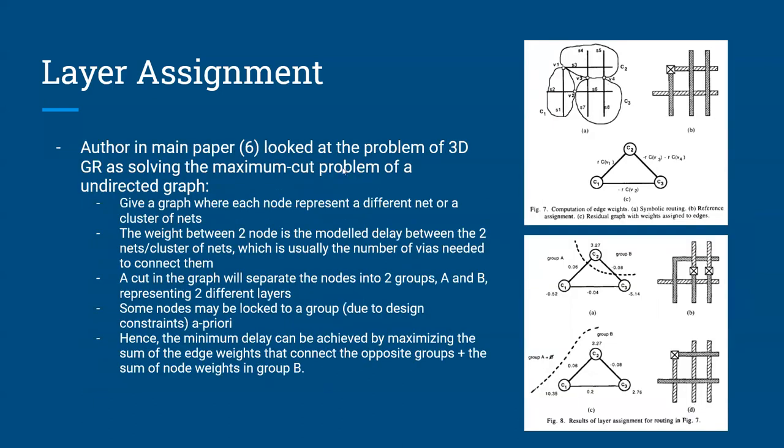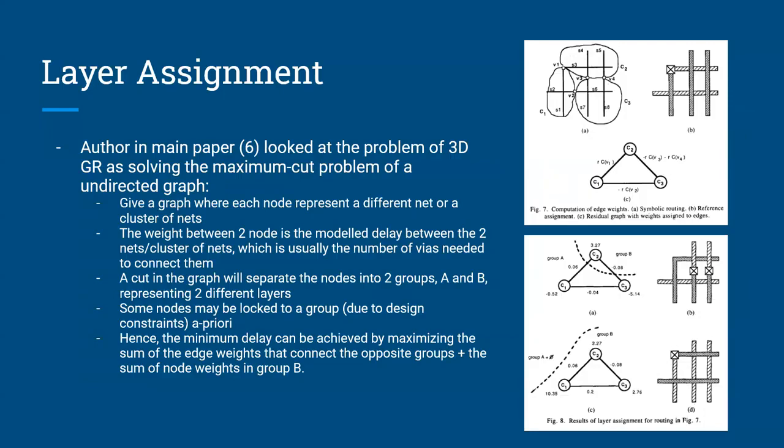So the authors in main paper 6 look at the problem of 3D global routing as solving a maximum cut problem of an undirected graph. Imagine a graph where each node represents a different net or a cluster of nets. The weight between two nodes is the modeled delay between the two nets or clusters of nets, which is usually the number of vias needed to connect them.